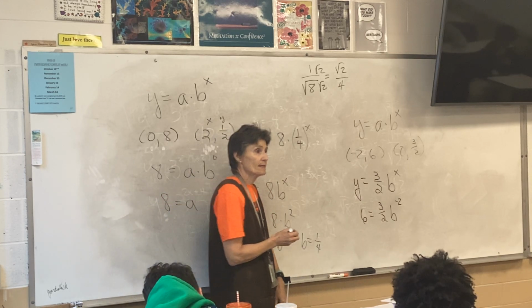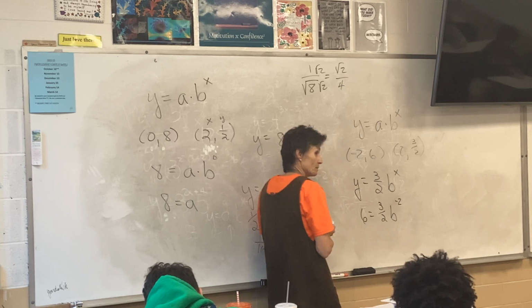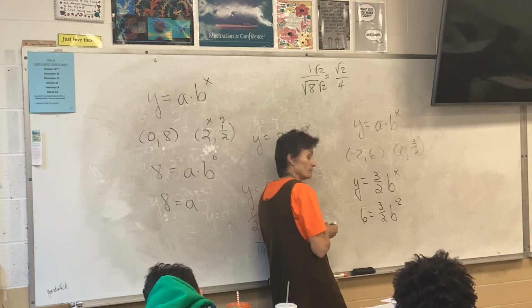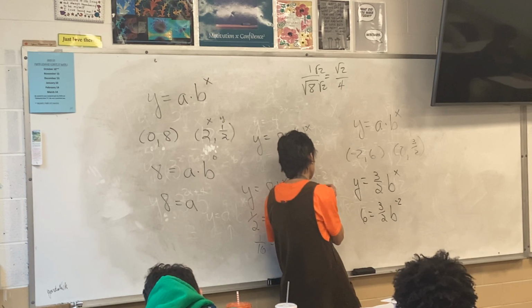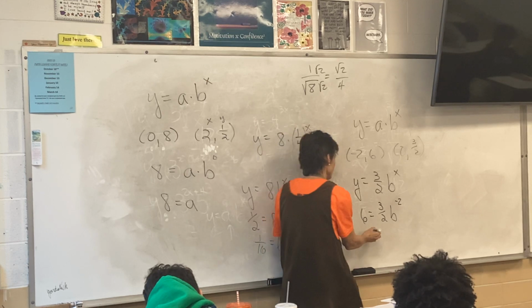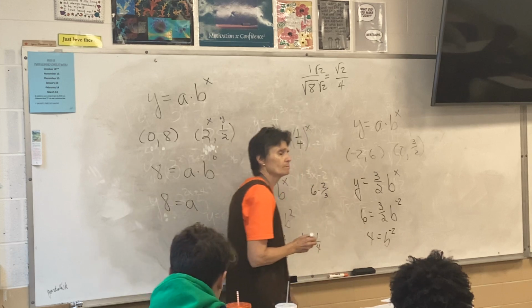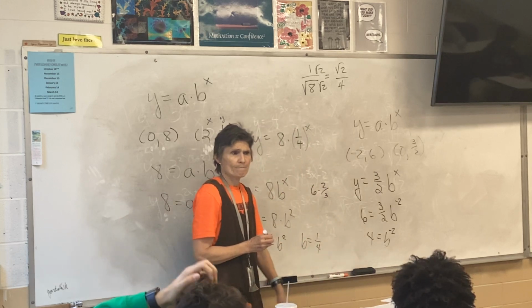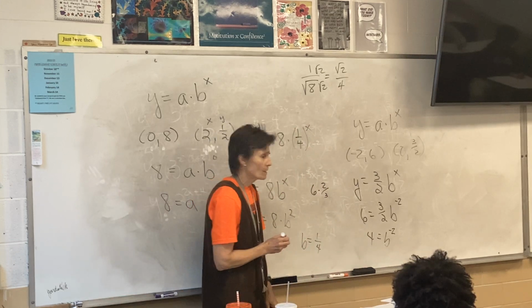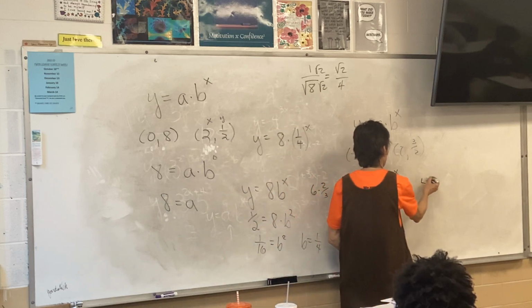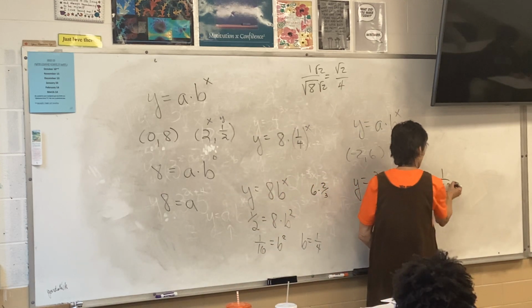How are you solving this? Multiply by 2/3. So 6 times 2/3 is 4. Then what did you do? So 4 equals 1/b².